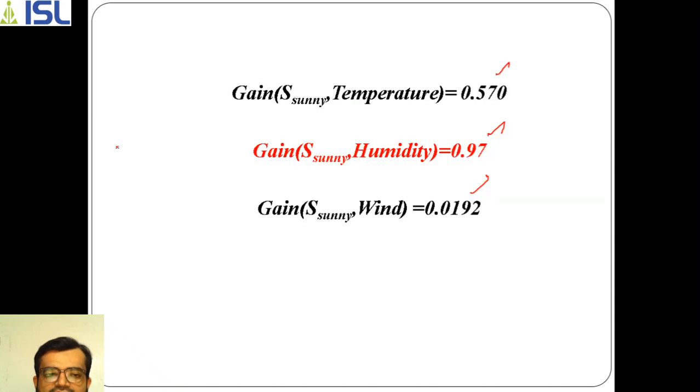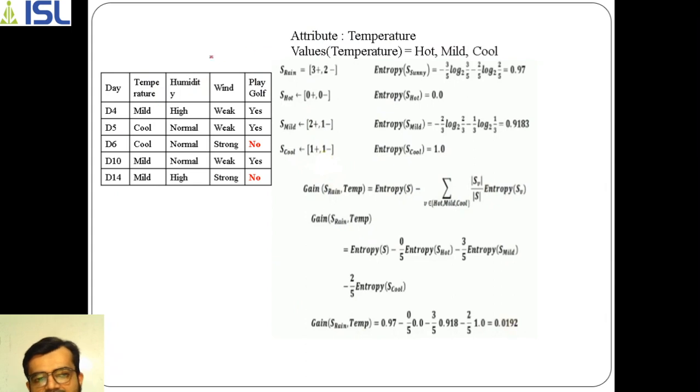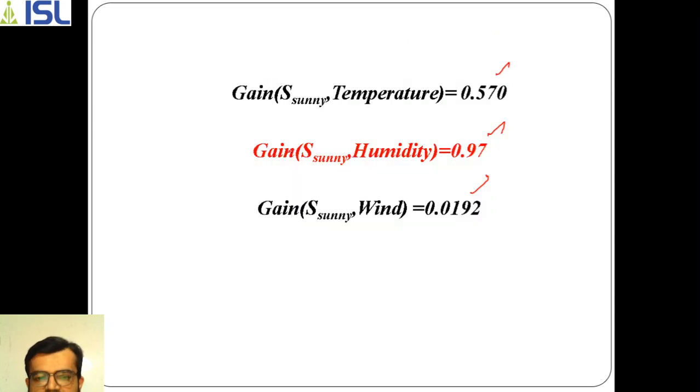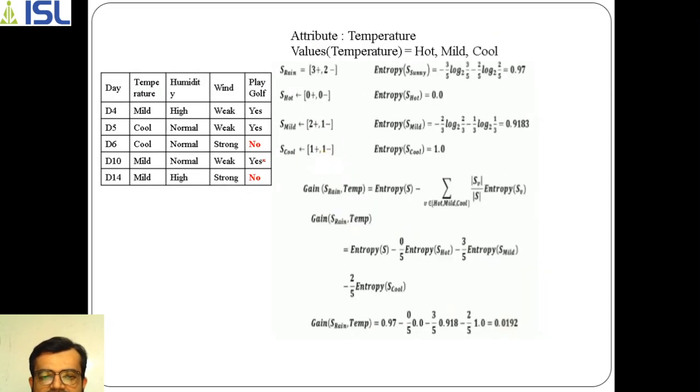Now we have taken these 5 values here, so we shouldn't reduce them, because this is another part of the tree. Here also temperature, humidity and wind are there.